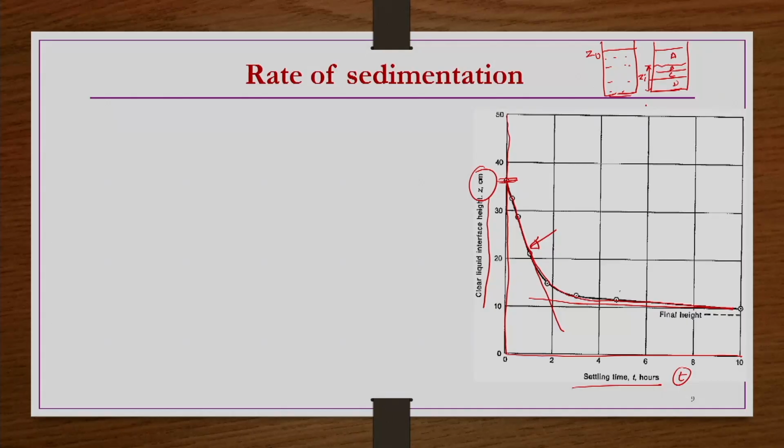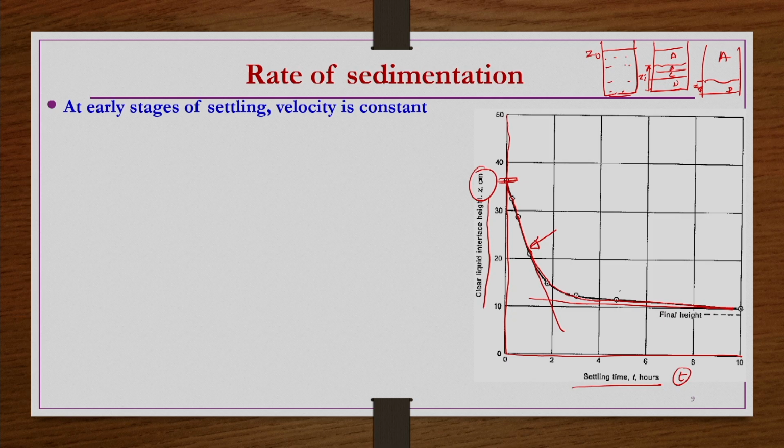That clear liquid interface height is the interface between zone A and zone B, that is between the clear liquid and zone B, where the concentration of solid is the same as the initial concentration of the solids. So, that interface gradually, as we have seen, is decreasing. When we finally have A and D zones, this is the minimum depth that we are going to have, that is ZF, as we indicate. So, how that Z decreases with respect to time is given here.